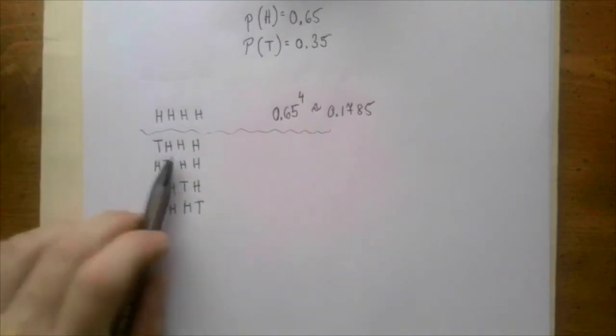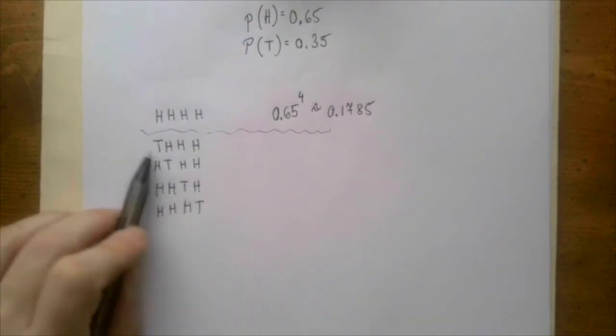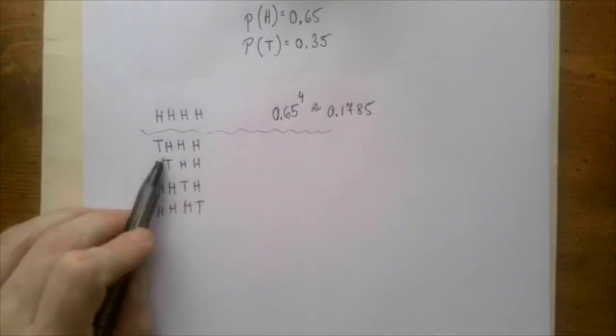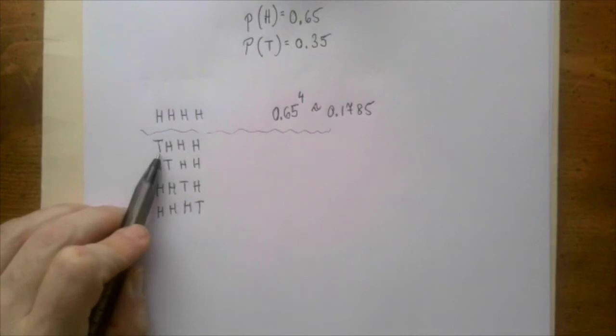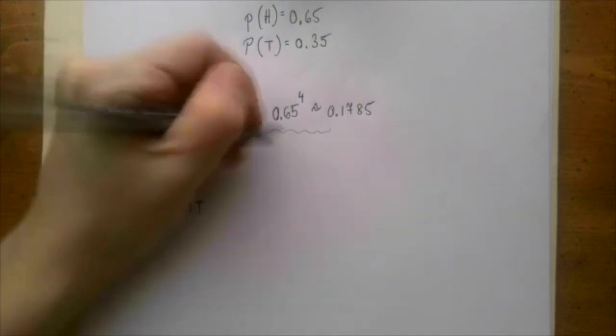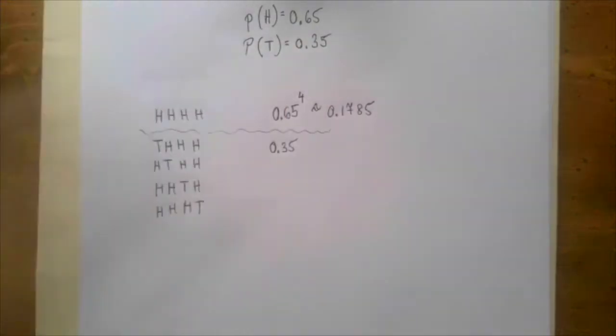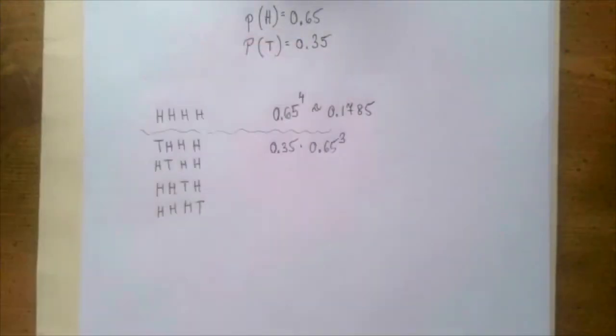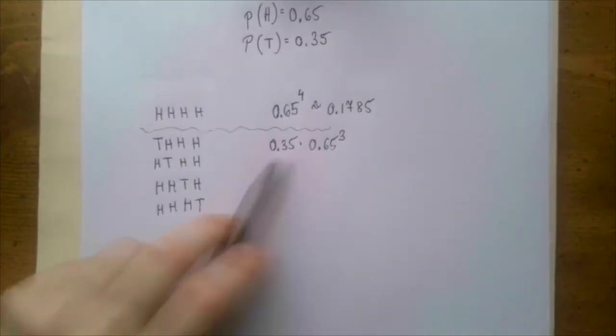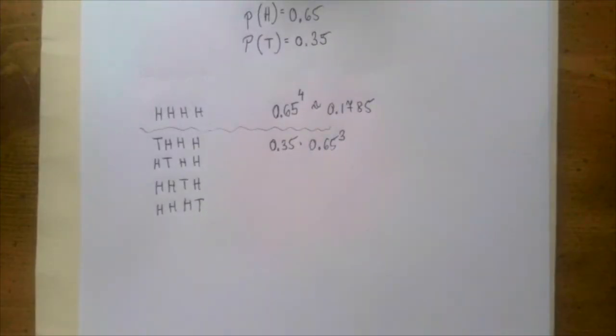Okay, next up, there are 4 different ways we can have 3 heads and 1 tail. If you look at the first one, the first chain, THHH, the probability of that one, well, the first was to be tail, that's a 0.35 probability, and all the other 3 will have 0.65 as its probability. So we have 0.35 times 0.65 cubed.